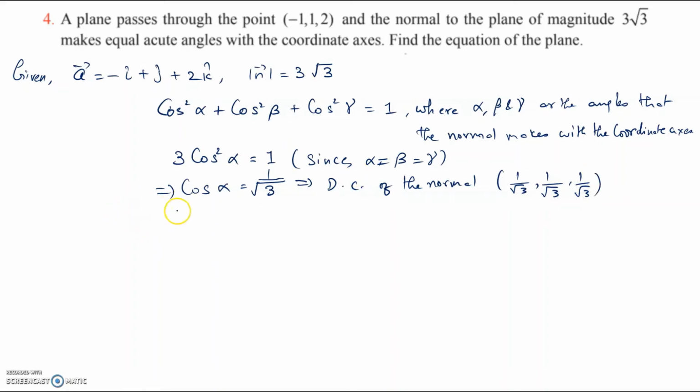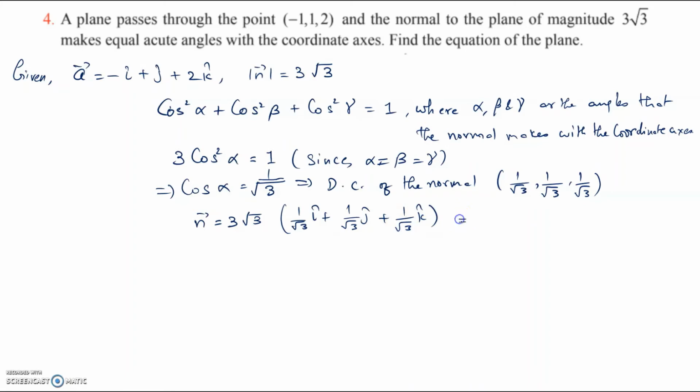So our vector n will be equal to, its magnitude is 3 root 3, into 1 by root 3 i cap plus 1 by root 3 j cap plus 1 by root 3 k cap.